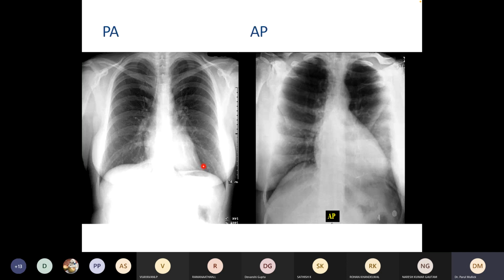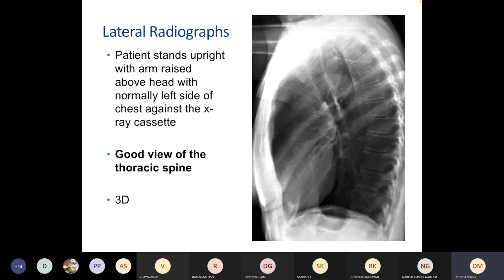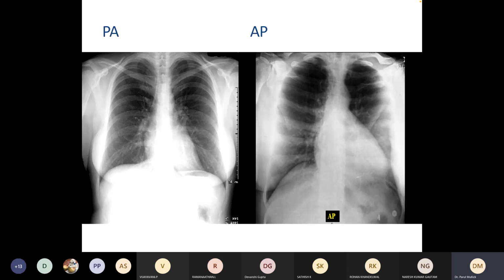Another thing is that in an AP film you can see the ribs are almost horizontal, or oblique. In a PA film they are more oblique. And one major difference is that in an AP film, the heart appears more magnified as compared to the PA film.